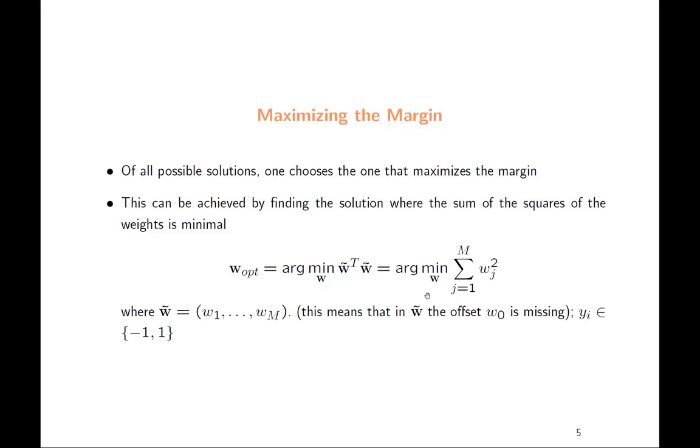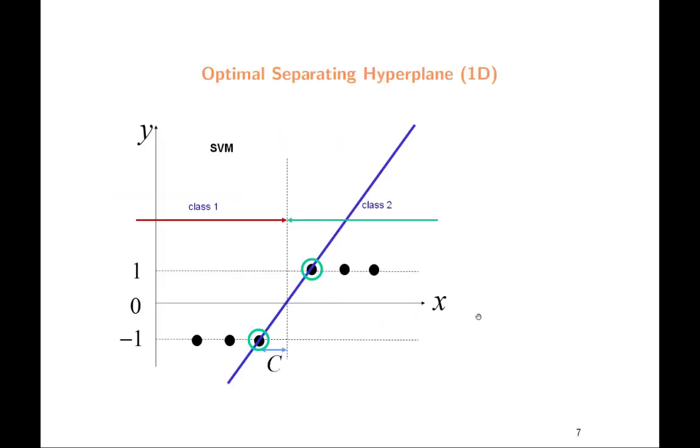So it's not making any assumption about W naught, only because it goes from W1 to WM, and W naught was the offset one. So the model has the W naught, it's just not penalized in this situation. And by doing that, we can see we get what we want.